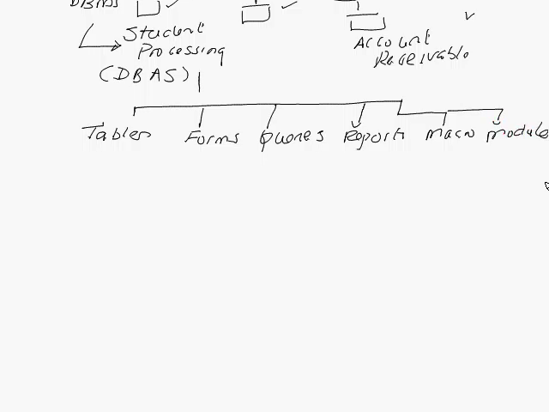Incidentally, in your lab, for example, what would you have designed? I believe you would have designed tables, forms, queries, and reports. So if we take, for example, a database management system such as Access, it will let us combine all these things and create a database application system.